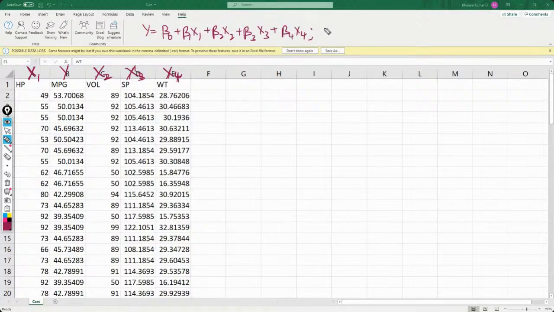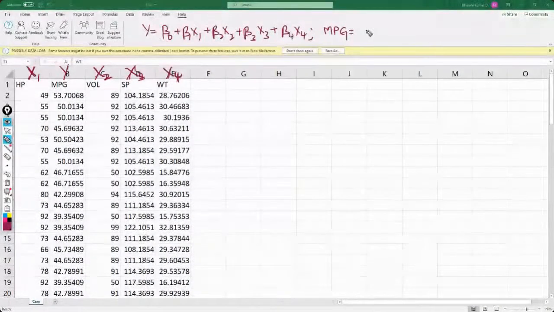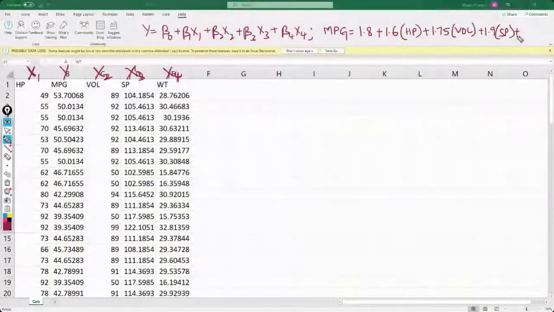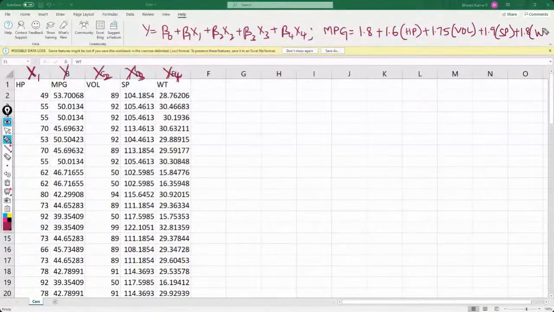So mileage is equal to, you'll get some numbers, like probably 1.8 plus 1.6 into horsepower plus 1.75 into volume plus 1.9 into top speed plus 1.8 into weight. In this way, you'll have some numbers. Given these numbers, which of these inputs will have the least influence on mileage?